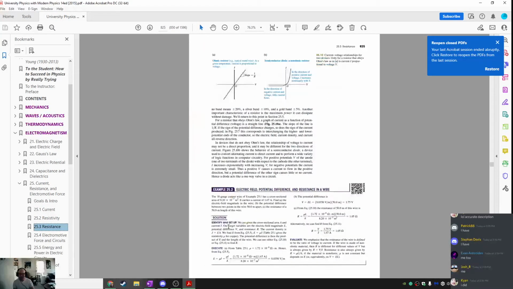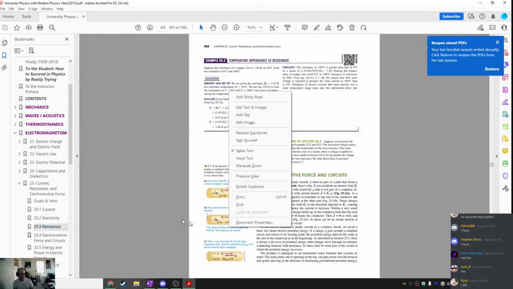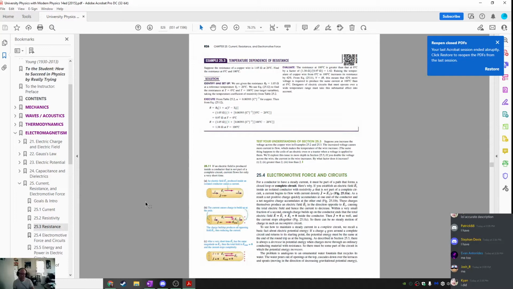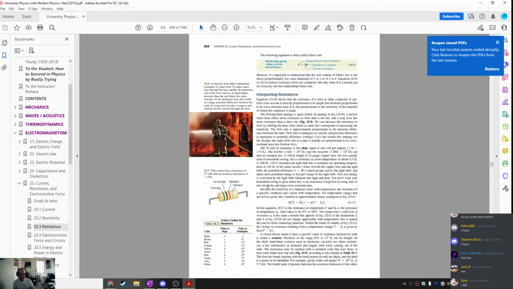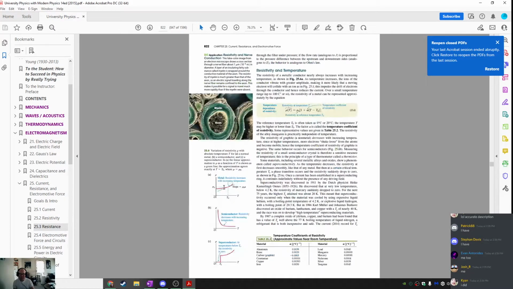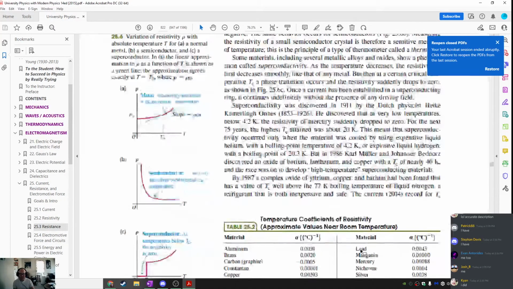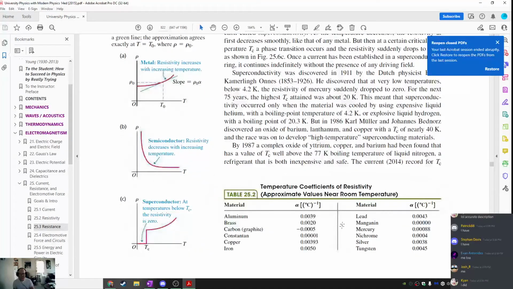Why did I think they were in the book? From table 25.2. This is 25.9. Oh, it's right here. There we go. These are the temperature coefficients. They're just numbers. They have units of degrees Celsius inverse.